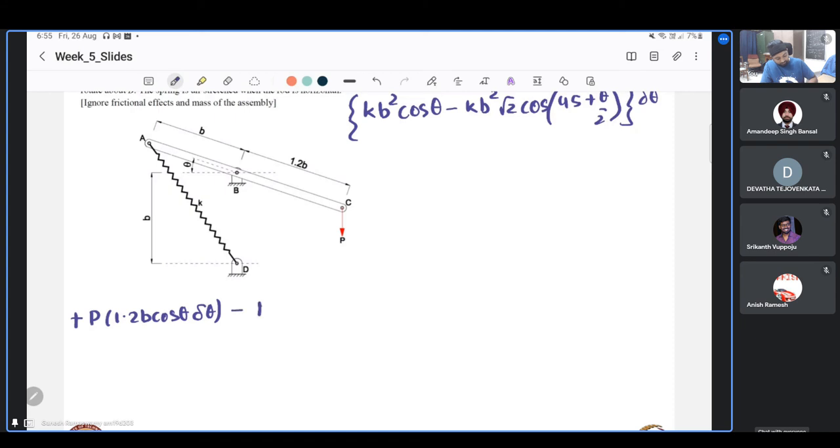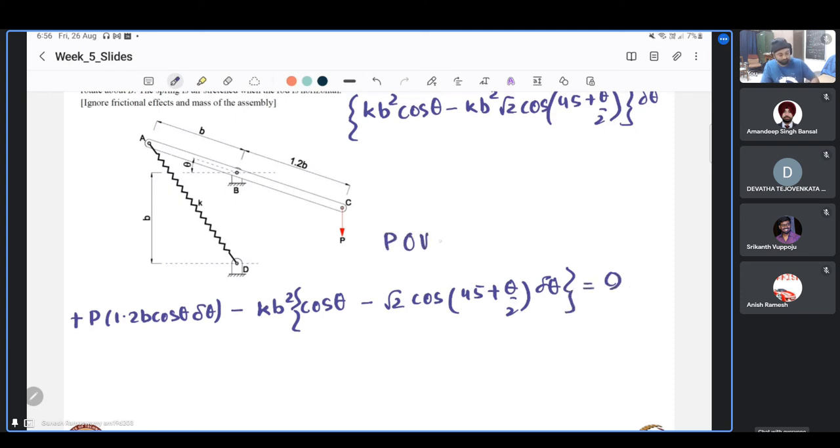It is minus kb squared [cos theta minus root 2 cos(45 + theta/2)] delta theta equal to 0. This is our principle of virtual work. We have written our principle of virtual work completely.